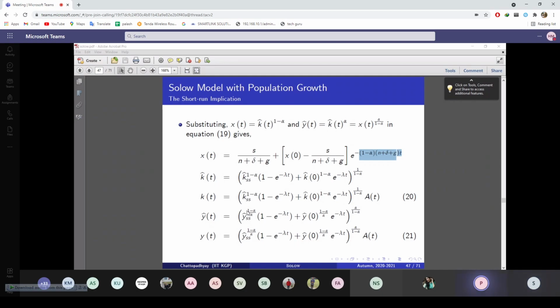We can also find the rate of convergence, the speed of convergence: how long are you taking to converge to steady state? That is one extra piece of information you are getting.